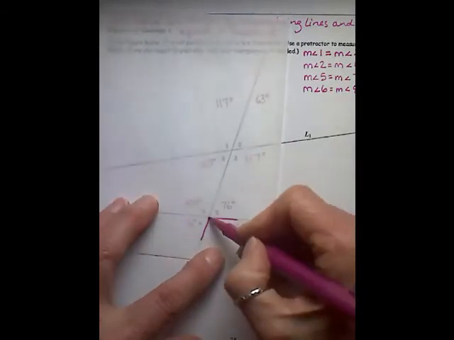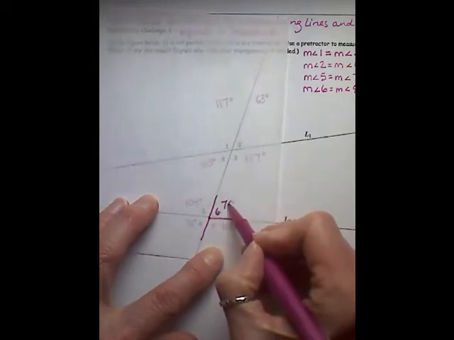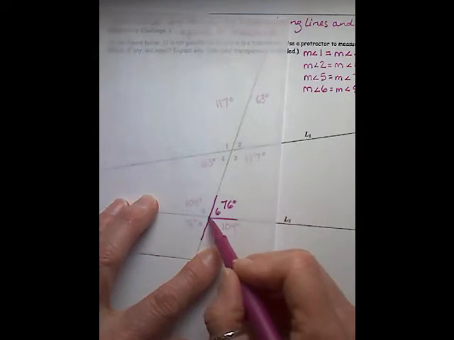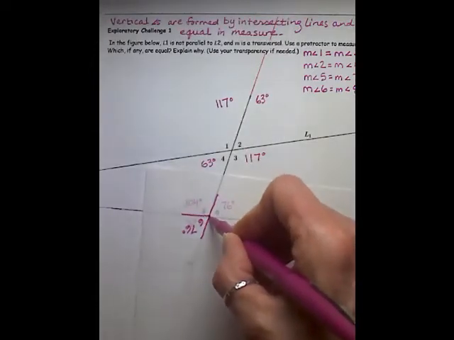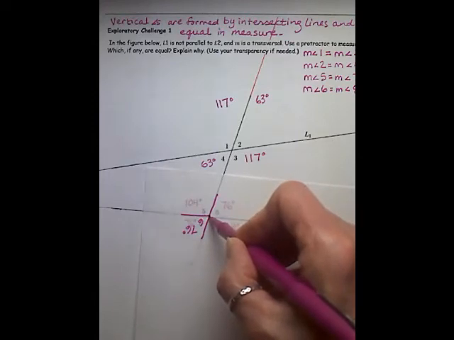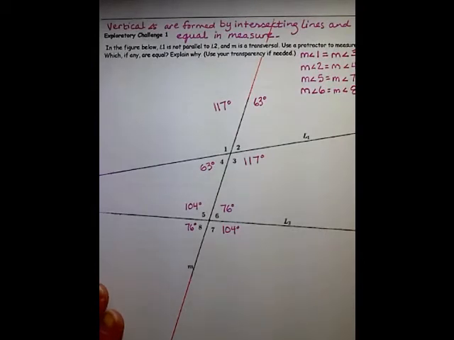Similarly, we can prove that with angle 6. Here is angle 6 at 76 degrees. We'll perform a rotation, 180 degrees, and the angle measure is preserved.